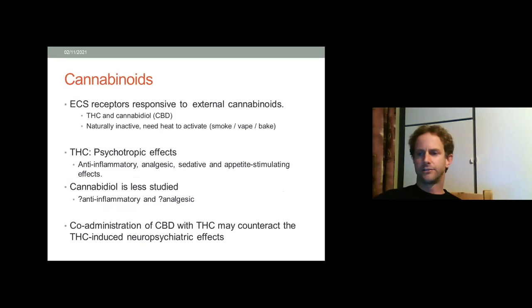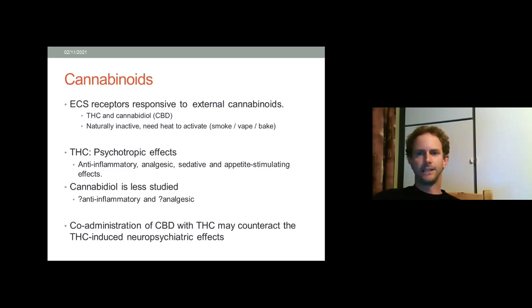So your endogenous receptors are responsive to your external cannabinoids, and they are the THC and CBD. In the plant form, they're completely inactive, and you have to have the addition of heat to activate them. Hence why people smoke or vape or bake cannabis.